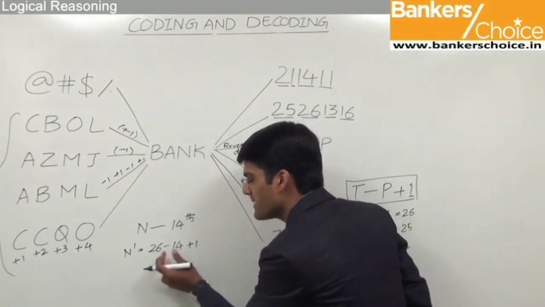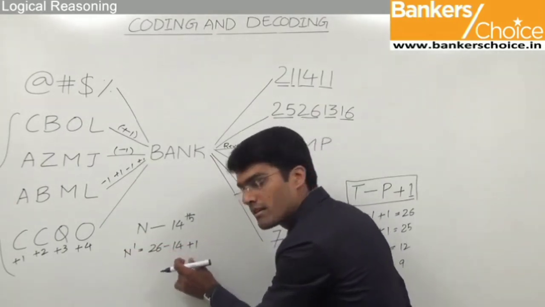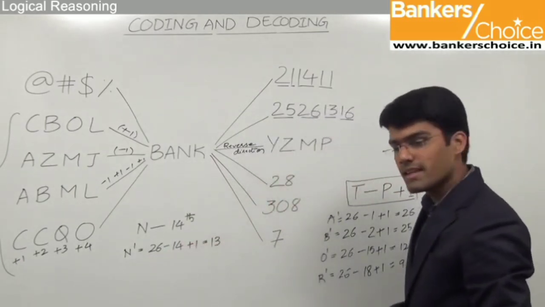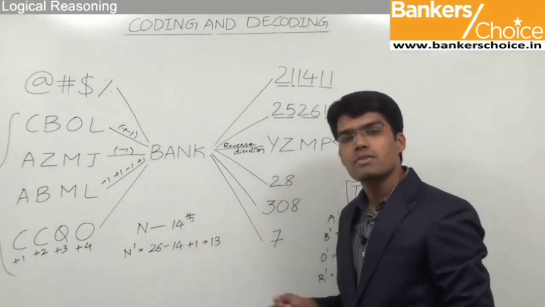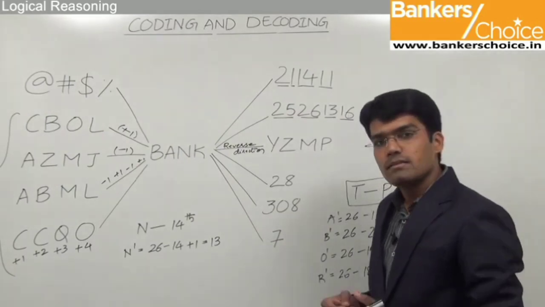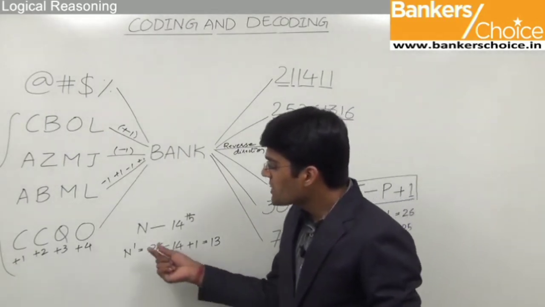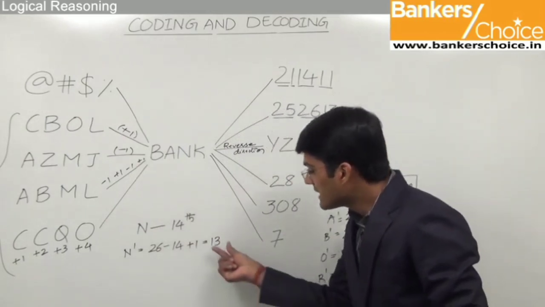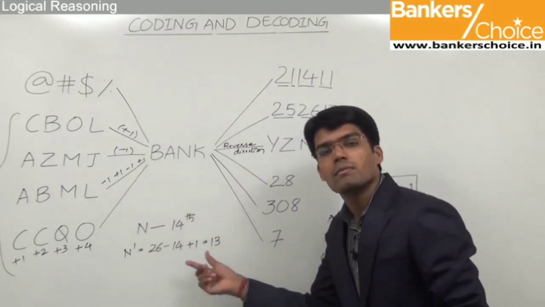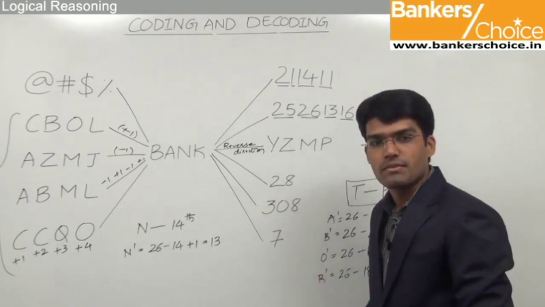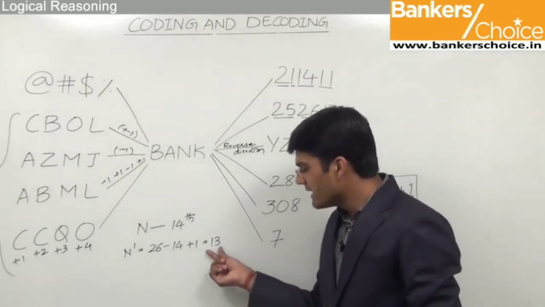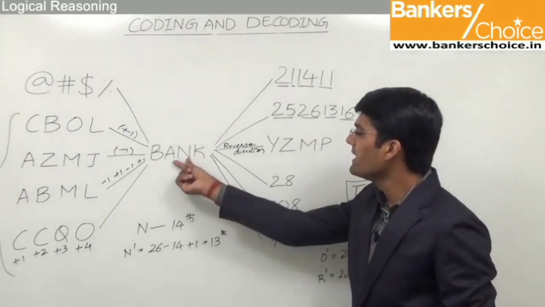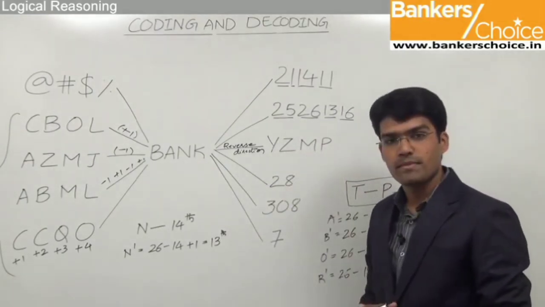That is total number of letters minus position in the alphabetical order plus 1, which comes out to be 13. So we can say that N from the reverse side is going to be 13th letter. Now to find out the letter which comes in place of N in the reverse direction, we can simply take the 13th letter which comes from the alphabetical order, that is in the forward direction. And we know that the 13th letter from the forward direction is M. The letter N here is replaced with M.